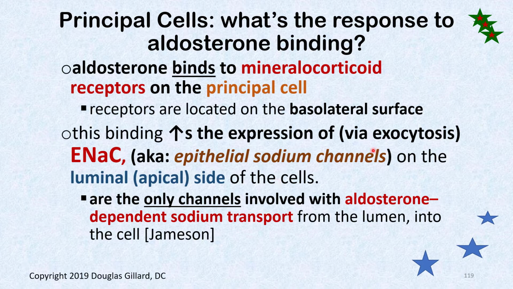Remember how the cell is shaped? If this is the distal convoluted tubule here, and we have a principal cell, we'll draw in, how about red? The filtrate is inside here. This part down here of the cell is called the basolateral surface. Why don't they just call it the base?